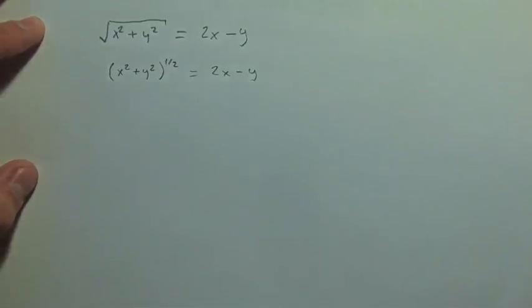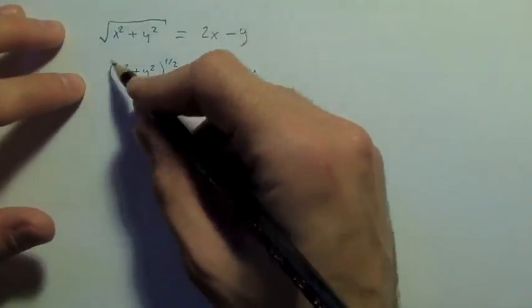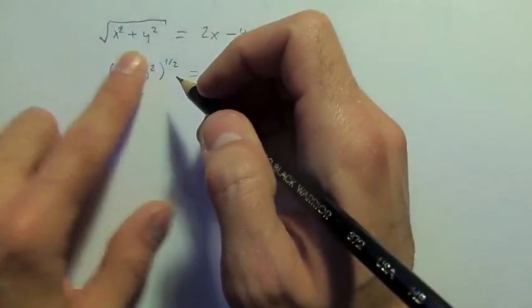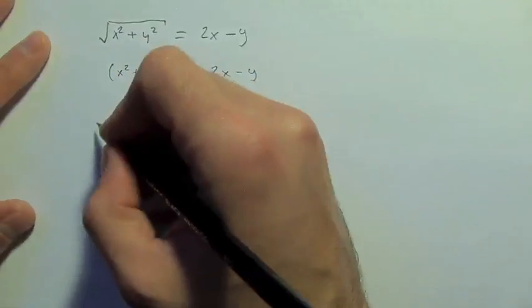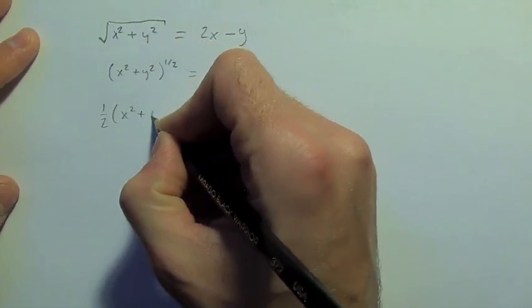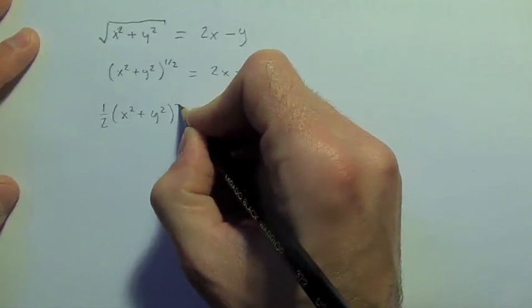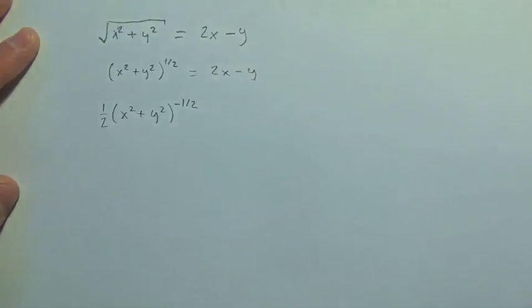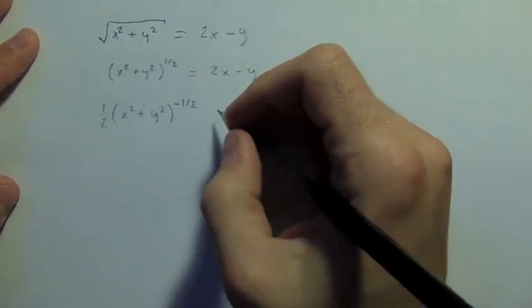Okay, and then when I go to take the derivative, this is going to be a chain rule, right? Stuff to the 1/2, so that will be 1/2 times this stuff to the negative 1/2. Okay.